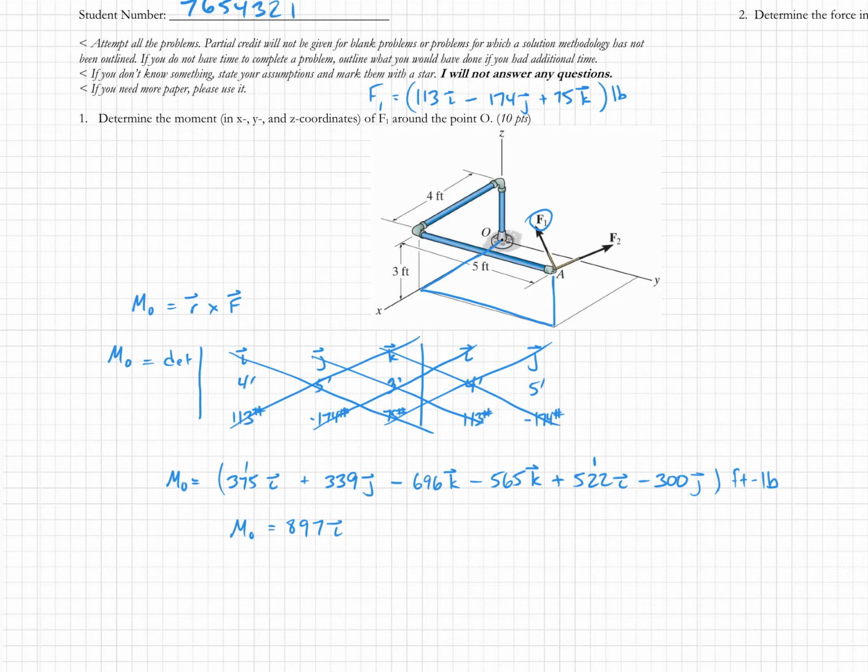Then we gather these J's together, and they add up to 39 in the J direction. And then the K adds up to the biggest number here, which is negative 1261 K. Again, that has units of foot-pounds.